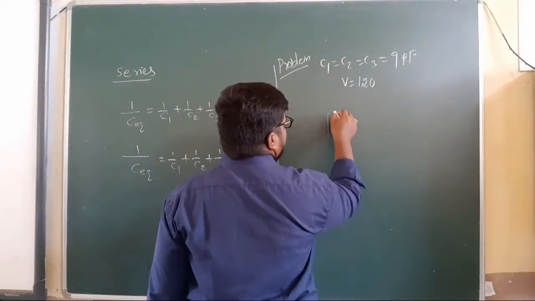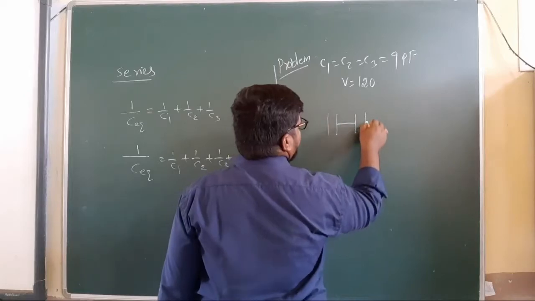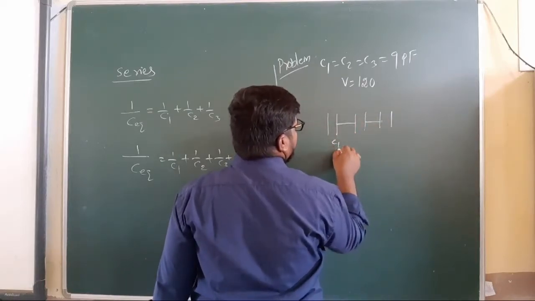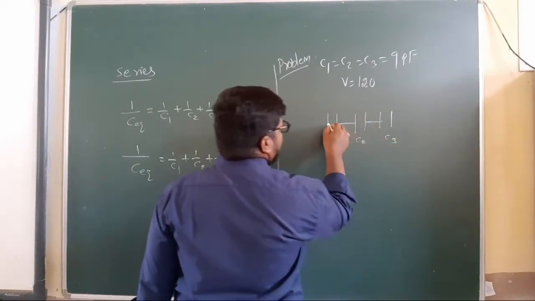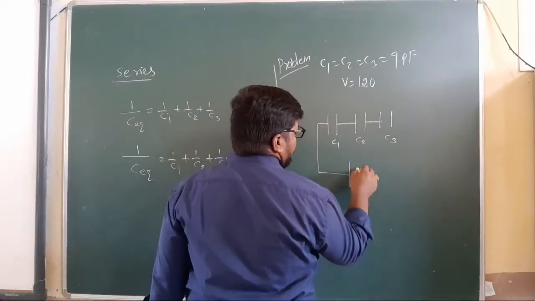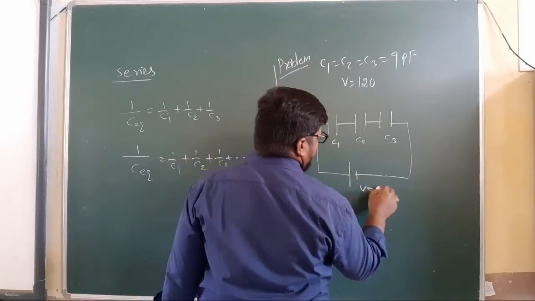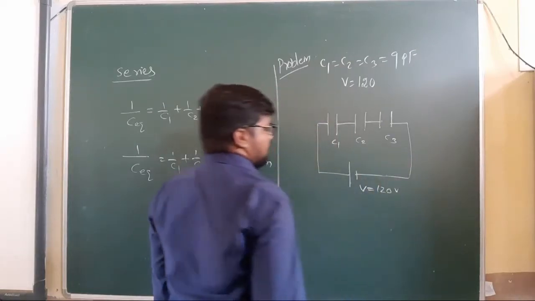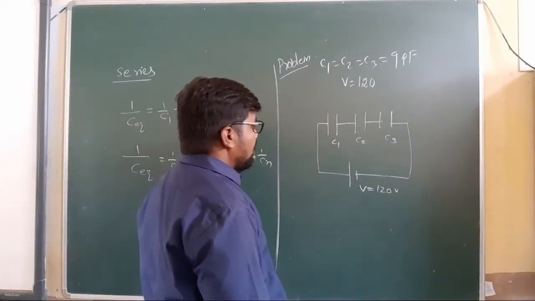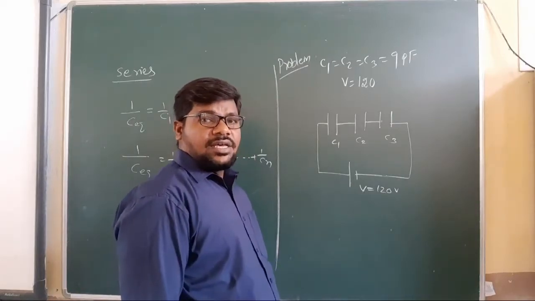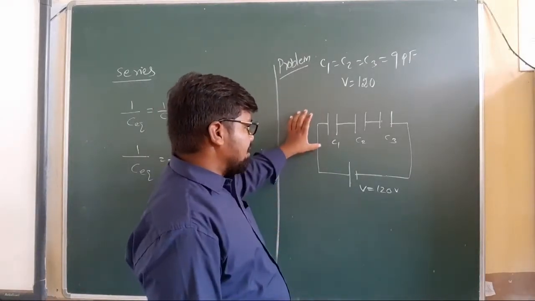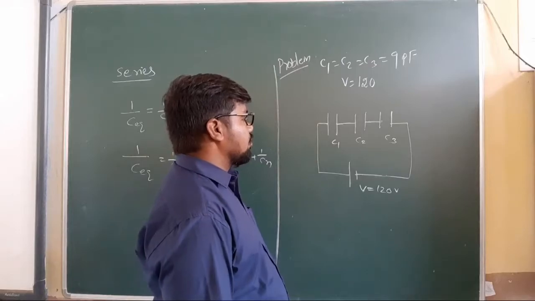See here, this is C1, C2, C3, and this is the battery. Now V is equal to 120 volts. Then how can we find the effective capacitance in this circuit?